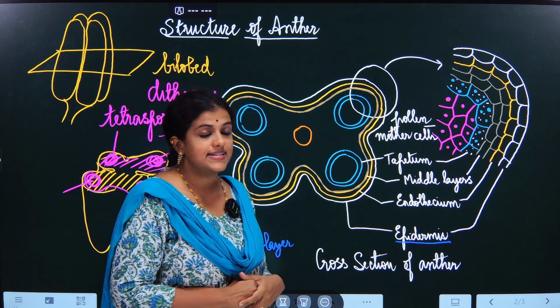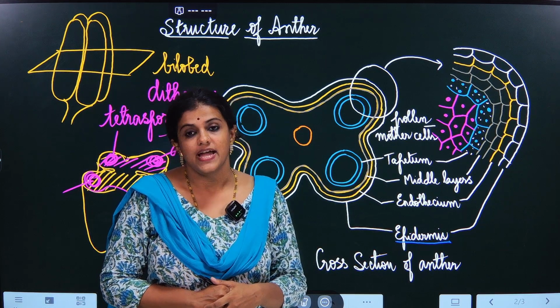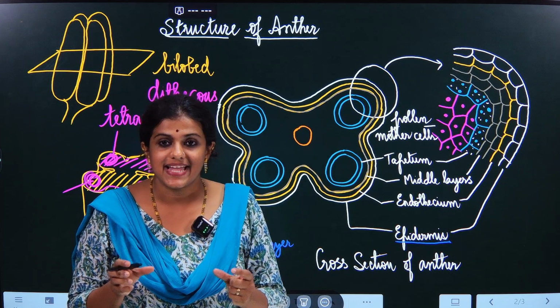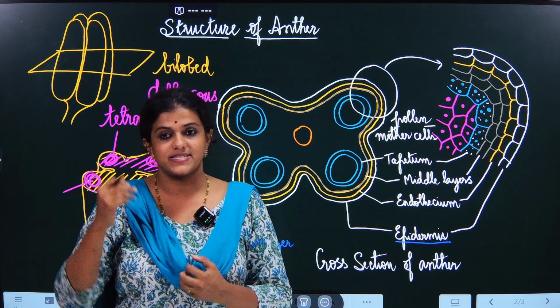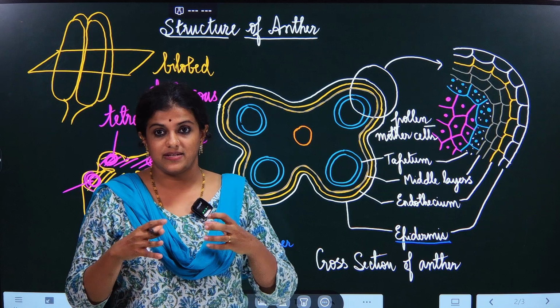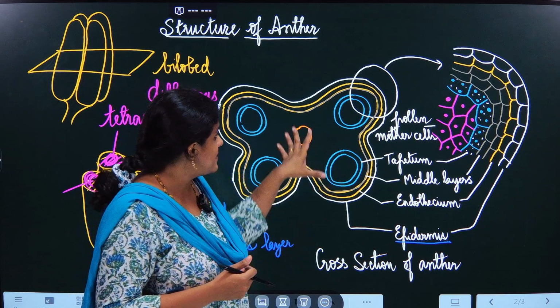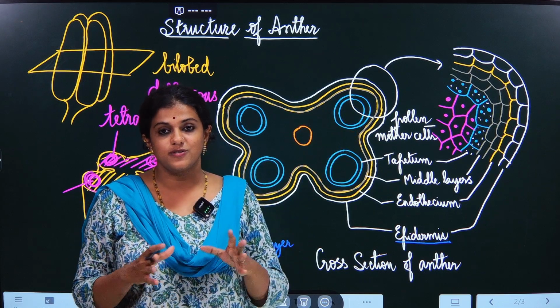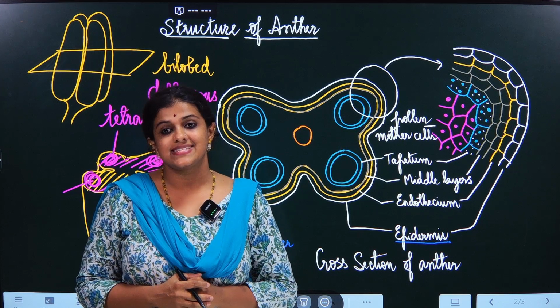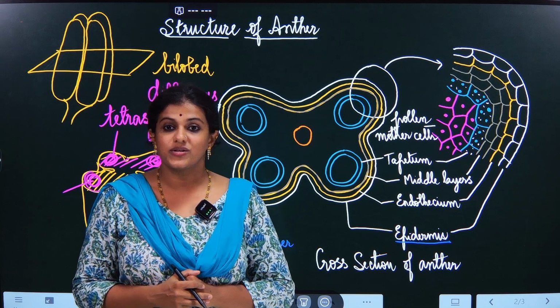Next to that is endothecium. Endothecium is also a single layer, but it has slightly larger cells. Even if the epidermis or other inner layers rupture, this endothecium will not, until and unless the anther is totally matured.